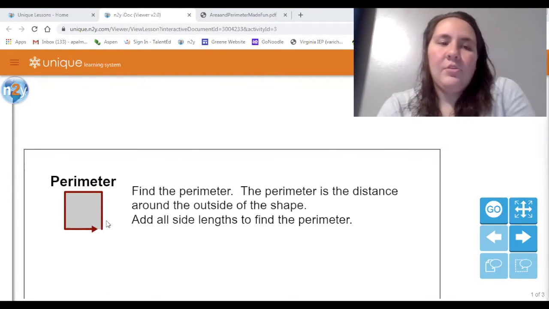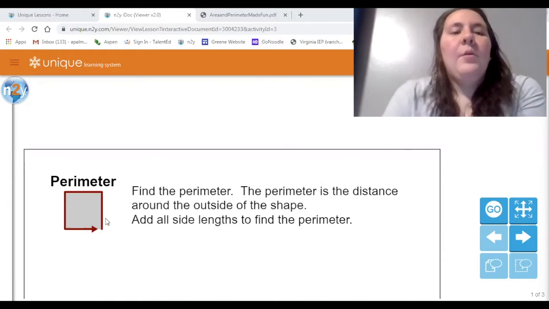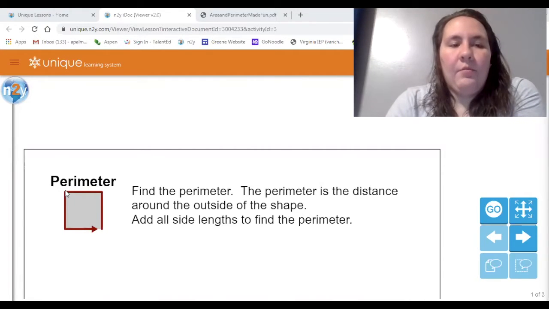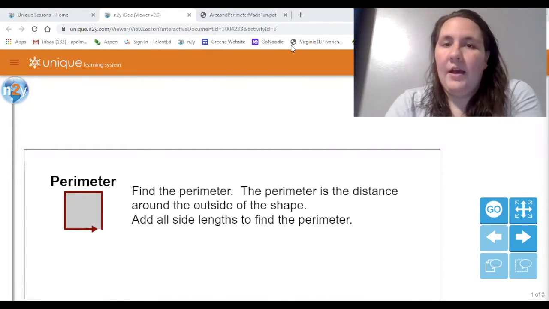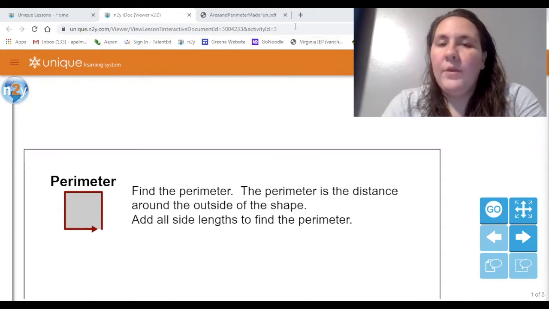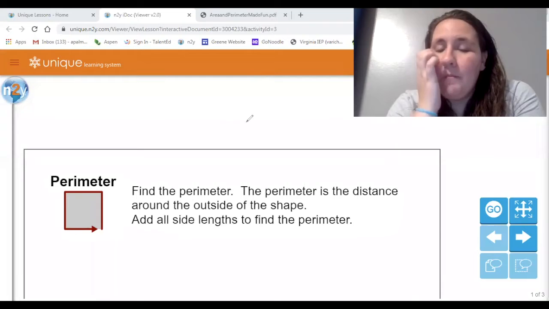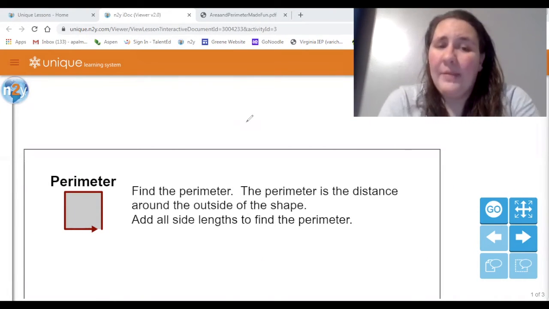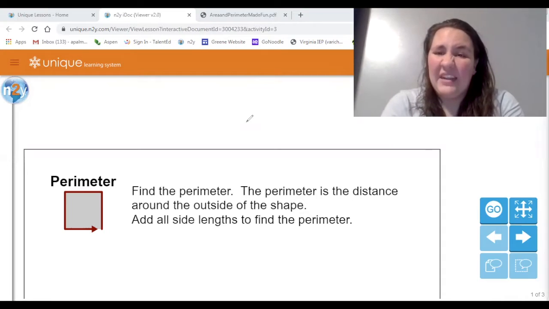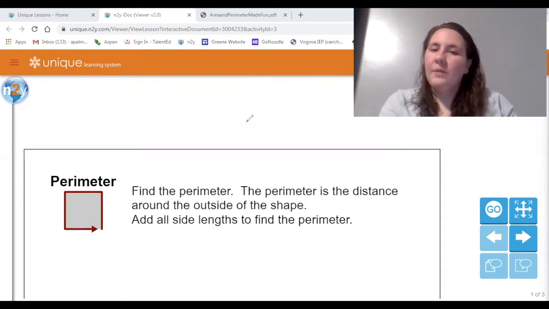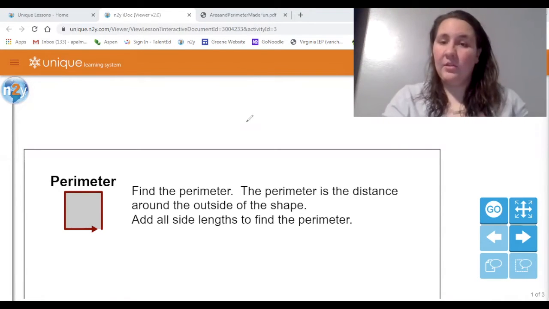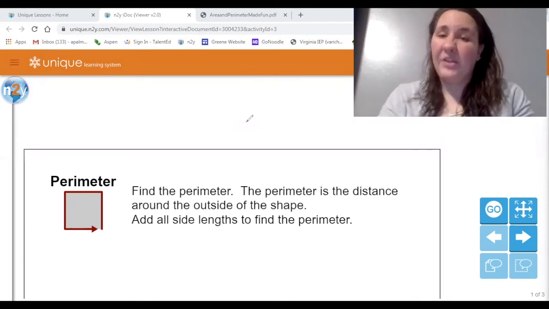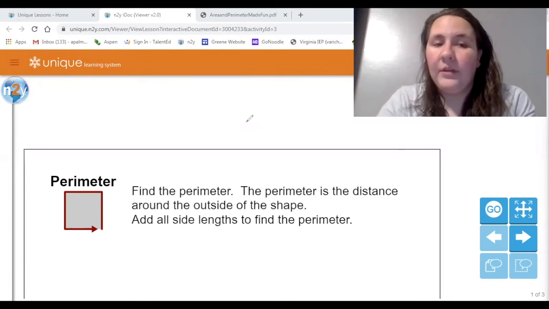So if you look at this shape over here where my white arrow is, perimeter goes all the way around the outside of an object or a shape. And we use this to figure out when we're maybe building a fence or a playground and we need to know how many materials, how much things we need to build it. We would use perimeter to figure out the distance, so how long it is, so I know how much I need to buy to build it.